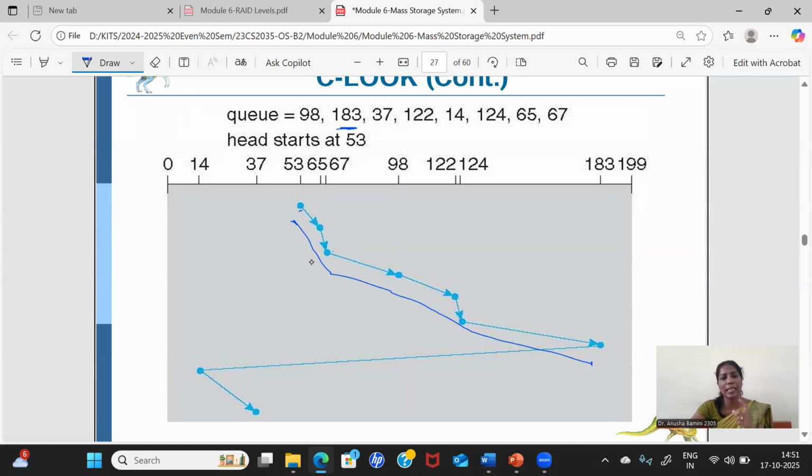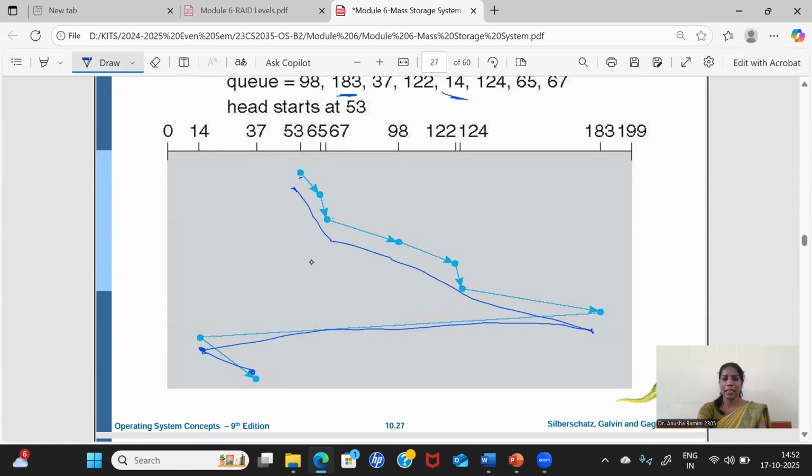Only the needed points I am visiting. Then from 183 it immediately comes to the first request, not the starting node. The first request we have is 14, so I come to 14. After visiting 14, I visit the remaining pending sectors, which is 37. Here also you calculate the same, and you will get one value that is called the number of cylinders traversed.